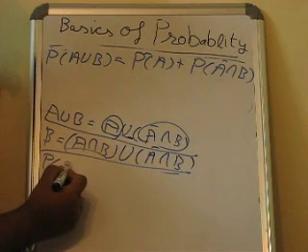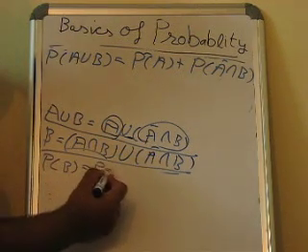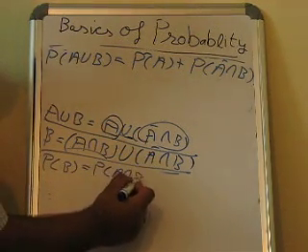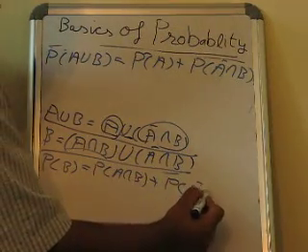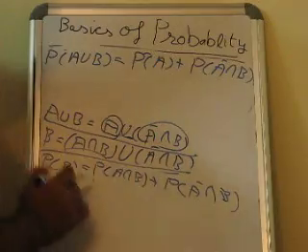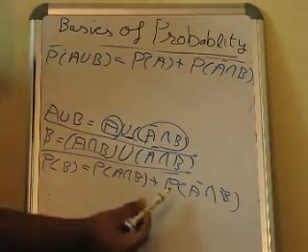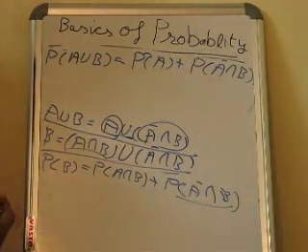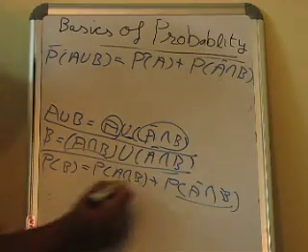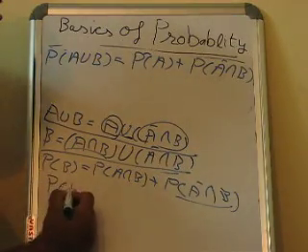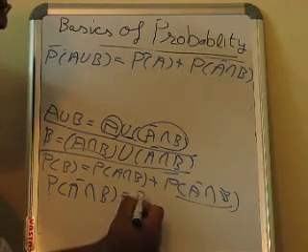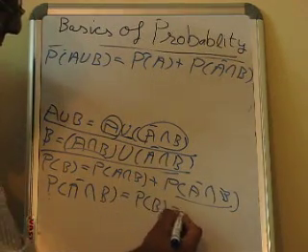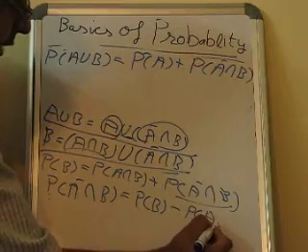So what will it become? The probability of B is equal to the probability of A intersection B plus the probability of A bar intersection B. Now from this equation figure out A bar intersection B. So what you will get is the probability of A bar intersection B is equal to P(B) minus P(A intersection B).